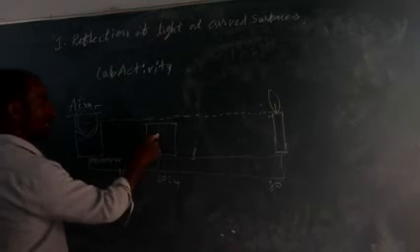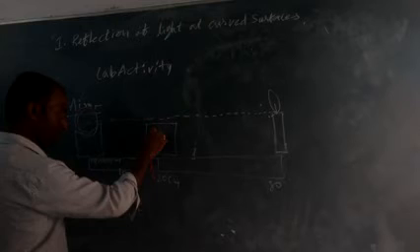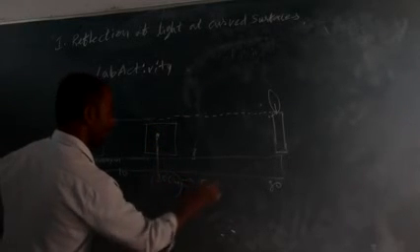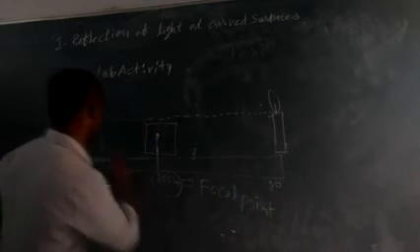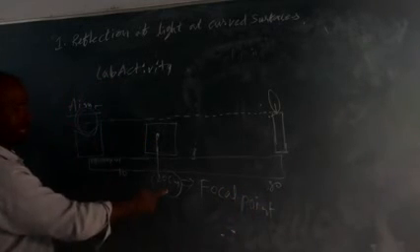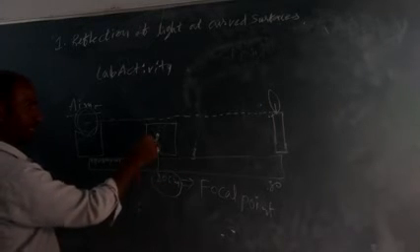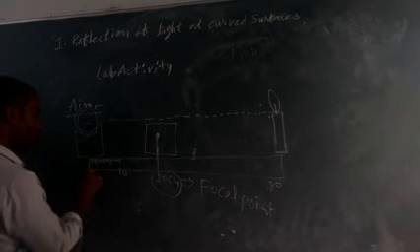This sharp and bright image at this particular point will be called the focal point. The focal point of this mirror is 20 centimeters. At 20 centimeters, the focal point is seen. What is the focal length here?